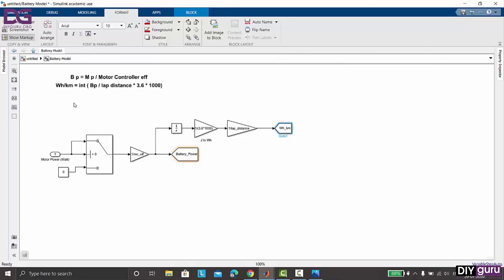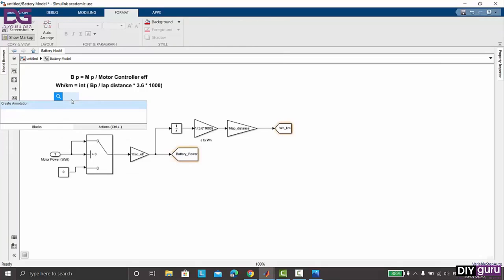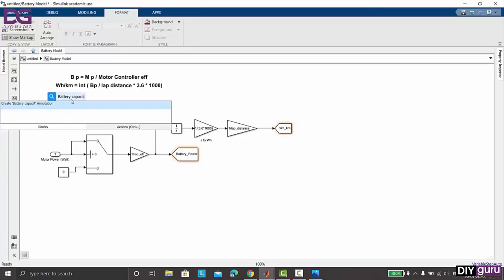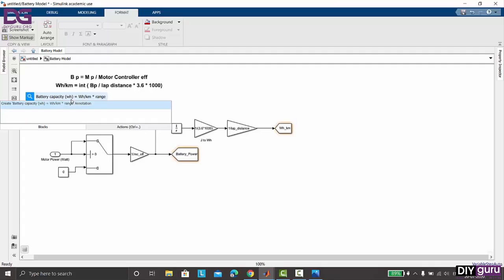So if we multiply the watt hour per kilometer by the range, we will get the battery capacity in terms of watt hours. The battery capacity in watt hours equals the watt hours per kilometer multiplied by the range.